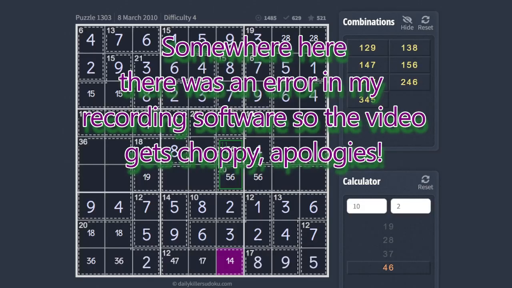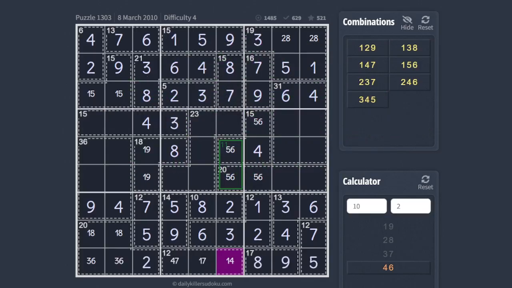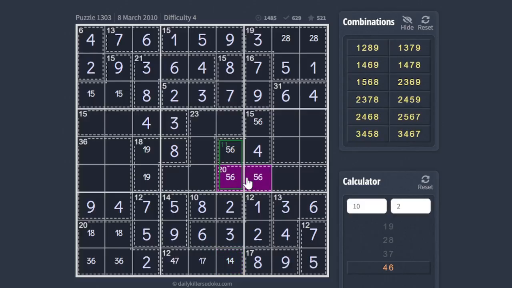So, let's look at box 6. Here in box 6, because of this 6 here in the 20 cage, this, even though it's a 9, cannot contain a 3 because the 6 is there.